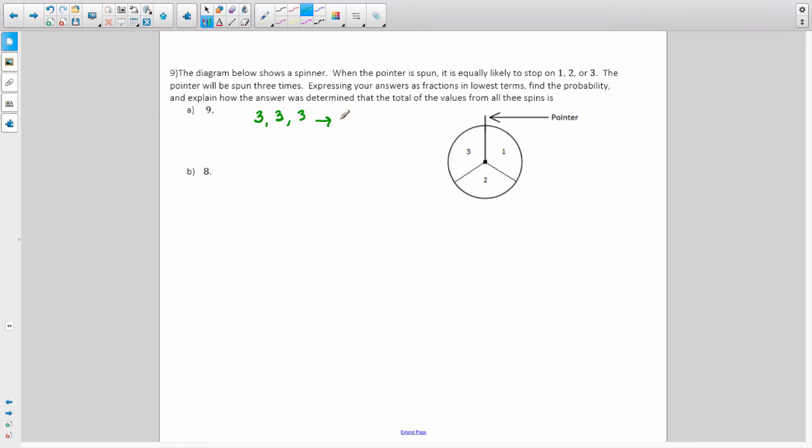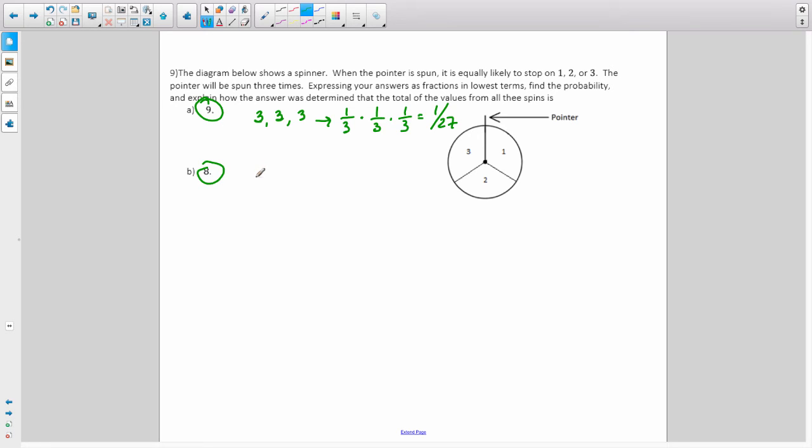So that's like this. Probability of your first one being a 3 times the probability of your second times the probability of your third. There is a 1 in 27 chance that you could spin 3 times on a spinner and your total of all 3 numbers would add up to 9.